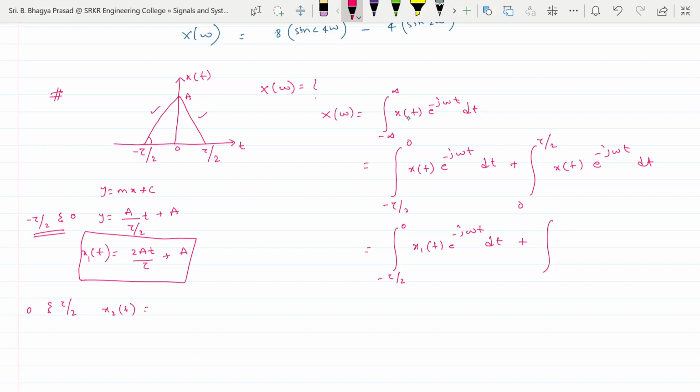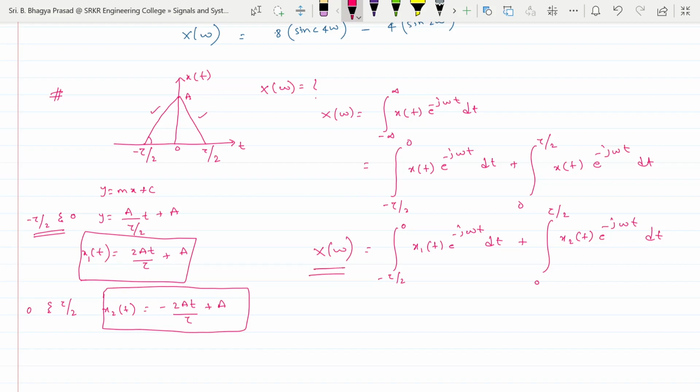Again the slope will be negative, the same slope you will get, that is A by tau by 2, so we will get minus 2At by tau plus A. So you substitute this one at 0 to tau by 2 x2 of t e power minus j omega t dt. Like this you can perform in a traditional way by using the line equation approach, so that you can get the Fourier transform x of omega.